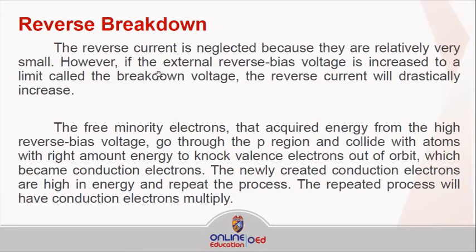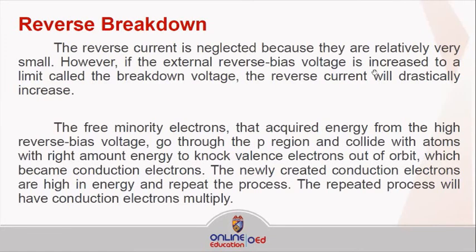Sa condition na reverse breakdown, nagkakaroon ng reverse breakdown voltage kapag yung reverse current is neglected because they are relatively very small. However, yung external reverse bias voltage is increased, tumataas. Since tumaas yung external reverse bias voltage, mag-i-increase ito doon sa limit.